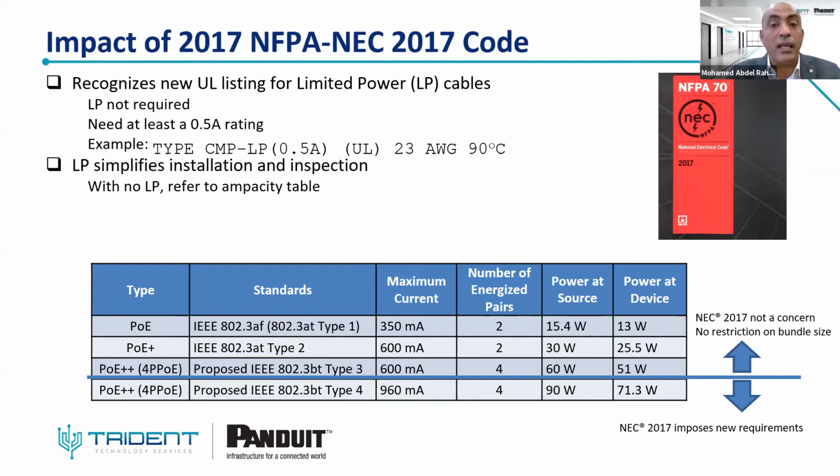But if the power is greater than 60 watts for the PoE++, you are transmitting, as we said, around 100 watts. So you need to have, optionally, a UL LP certificate. It is a certificate from UL, called the LP certificate.